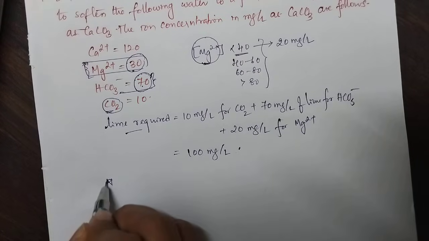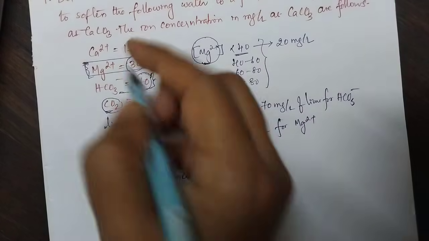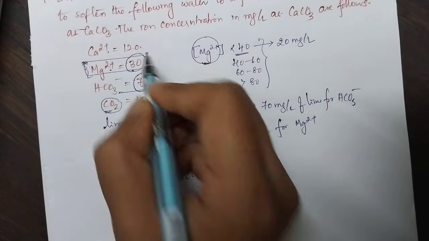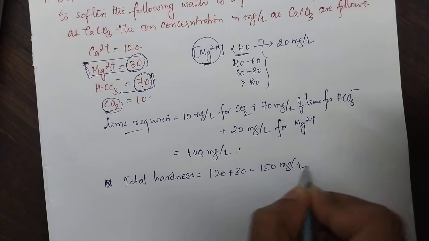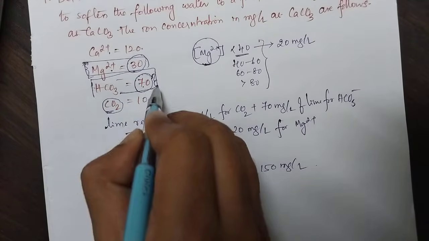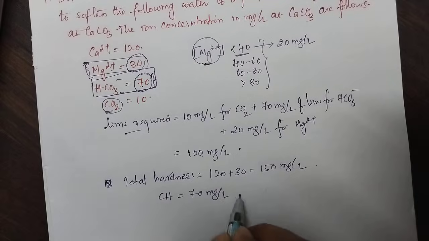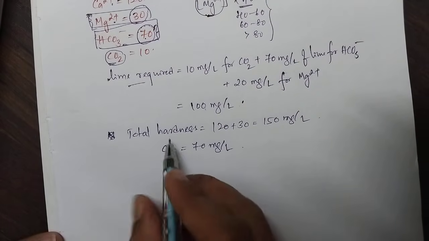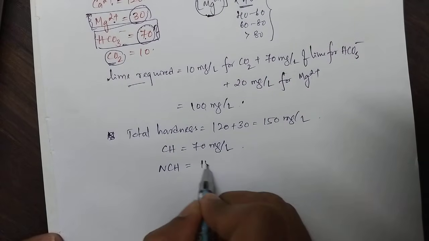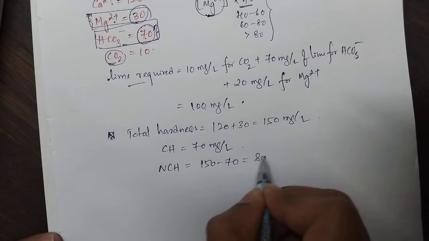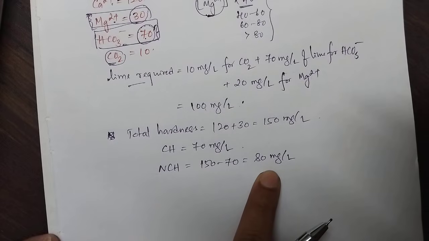The total hardness is the concentration of calcium and magnesium, which is 120 plus 30, 150 milligram per liter, out of which carbonate hardness is only 70 milligram per liter. So total minus carbonate gives us non-carbonate hardness, which is 150 minus 70, so 80 milligram per liter non-carbonate hardness is present.